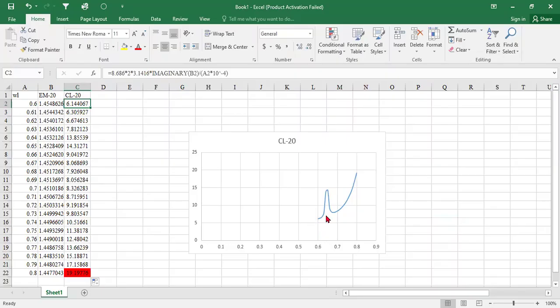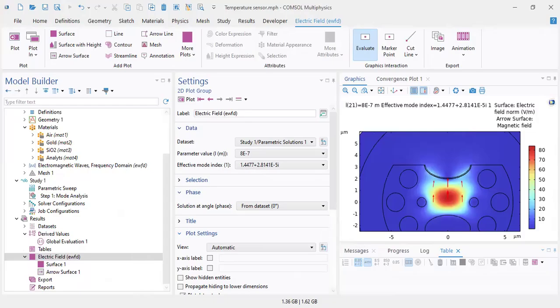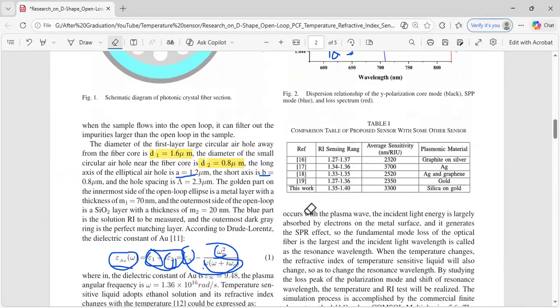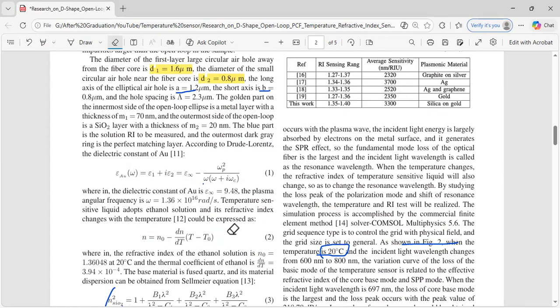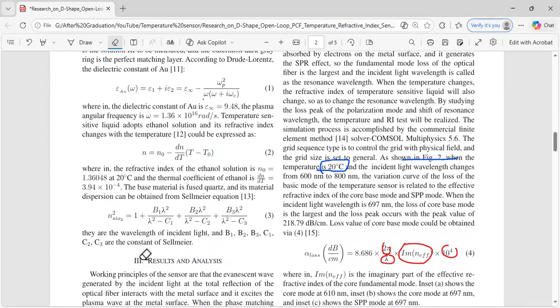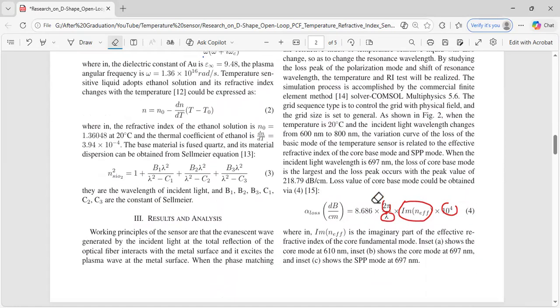We are getting the first resonance wavelength around 600, 650 nanometer. So the problem is, they define the parameters of gold, but they didn't mention it well actually. Let me search what's the problem behind the thing.